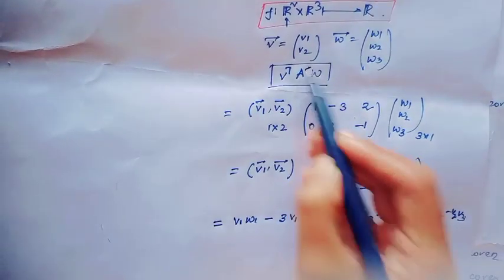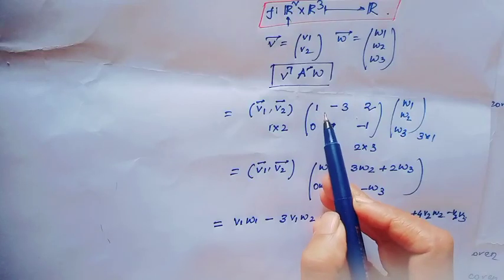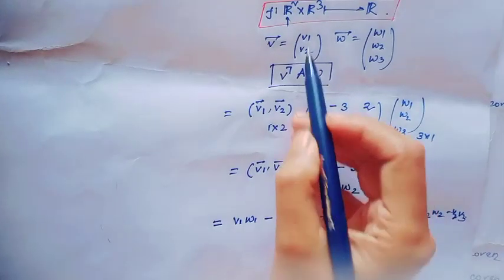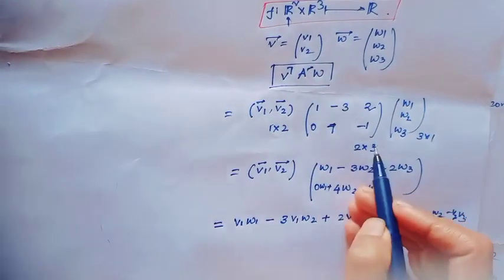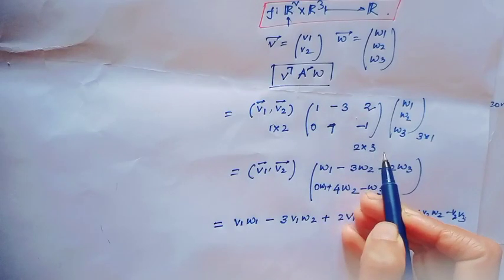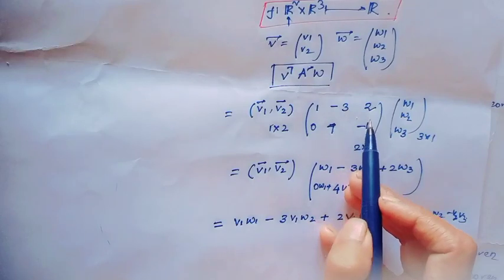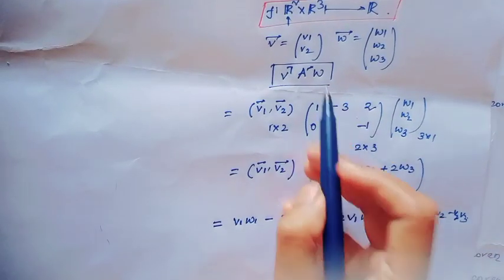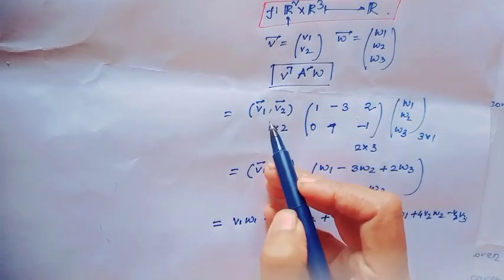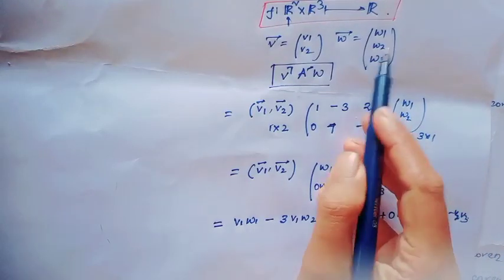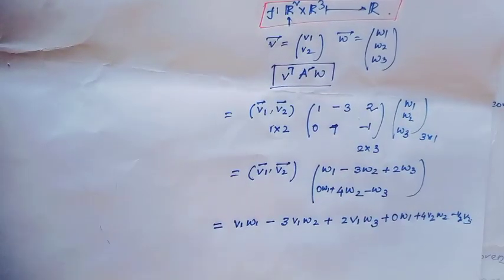Here I have considered one particular A. Since here it is R2 cross R3, the matrix is a 2 cross 3 matrix, and the matrix is 1, minus 3, 2 in the first row and 0, 4, minus 1 in the second row. Here v transpose is v1, v2 and w means w1, w2, w3.